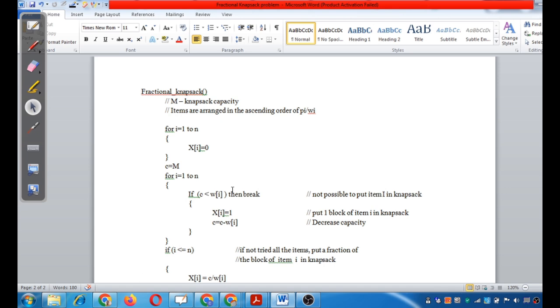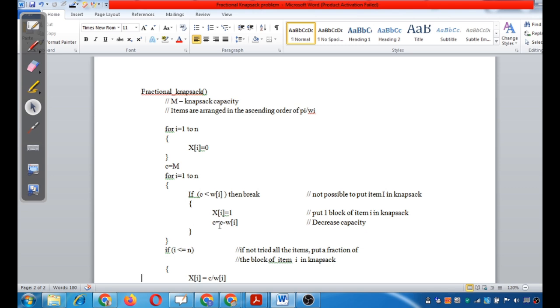If the remaining capacity is greater than or equal to Wi, then we can take one complete unit or complete block of that item. So we make xi equal to 1.